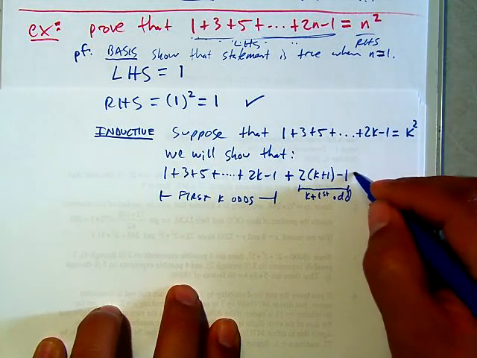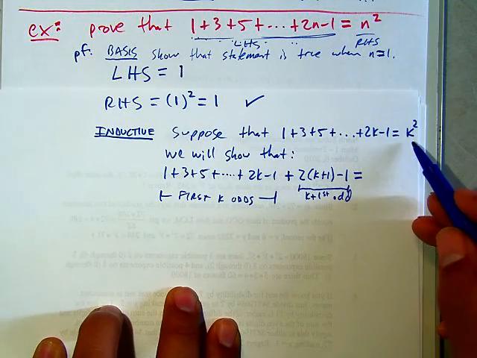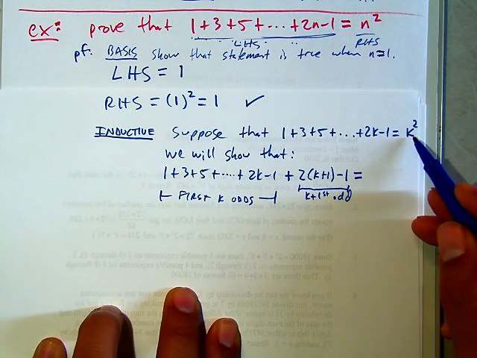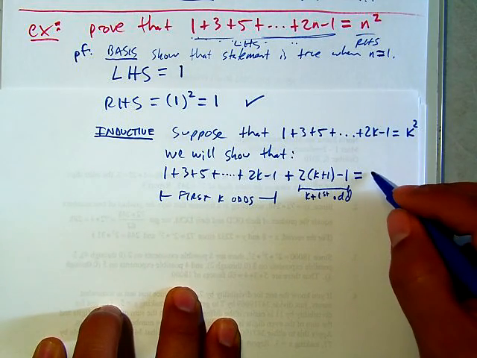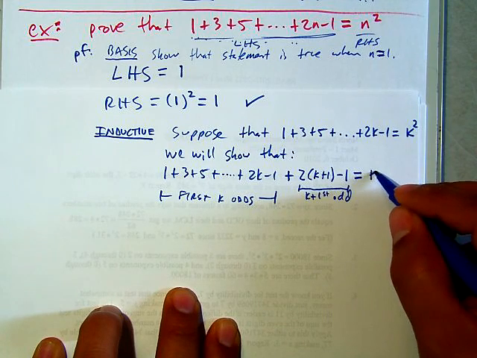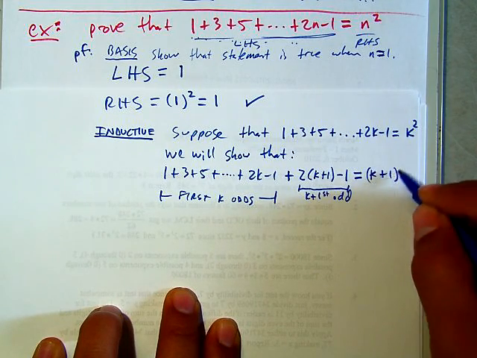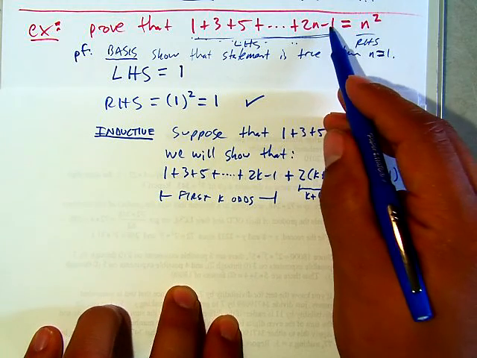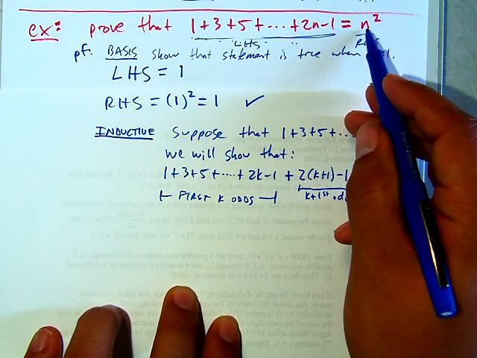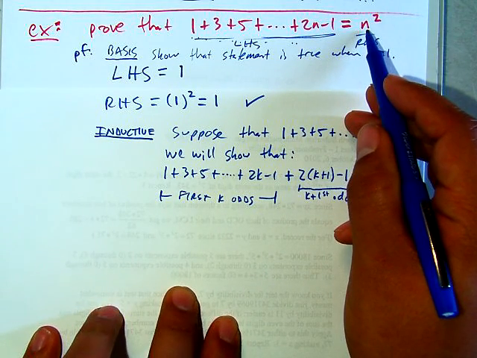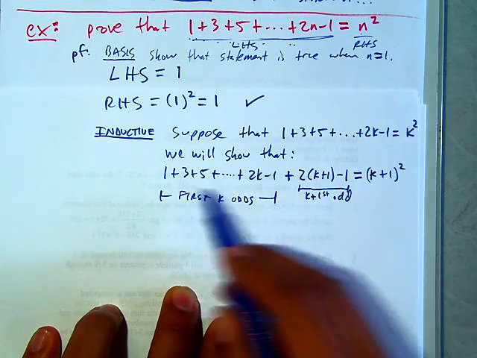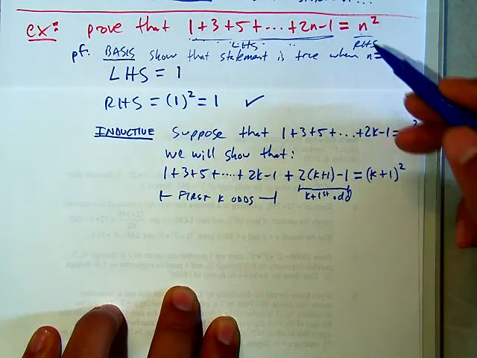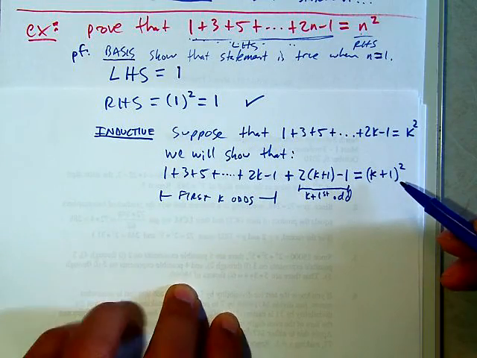And if that works, on the right-hand side, instead of k squared, what should I get? I should get k plus 1 squared. Because my formula up here tells me that however many odds I have, I'm just going to take that and square it, right? So if I have k plus 1 odds that I'm adding now, I'm going to have to do k plus 1 squared to figure out that sum.